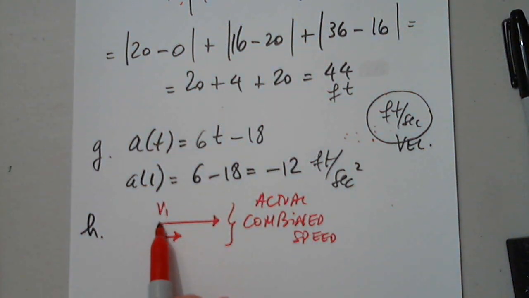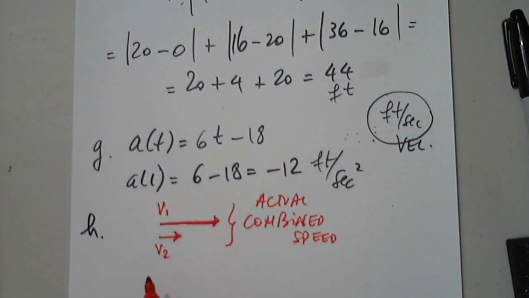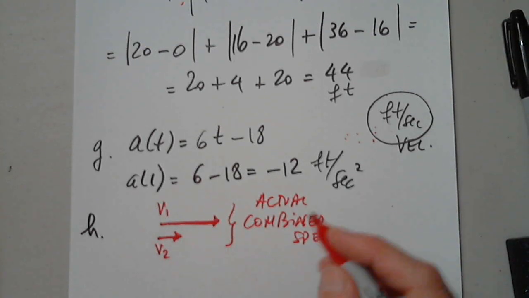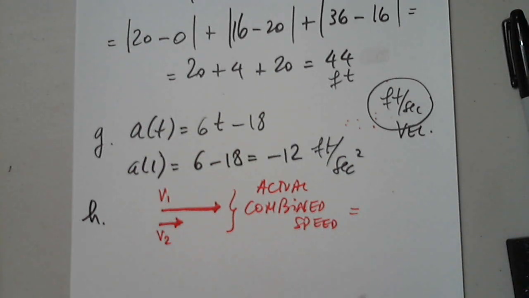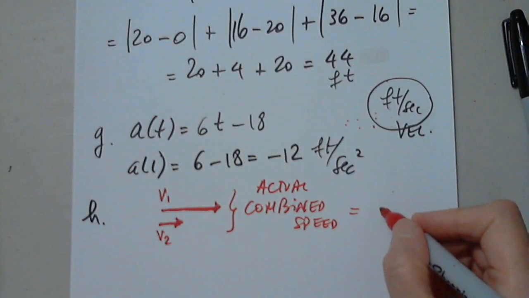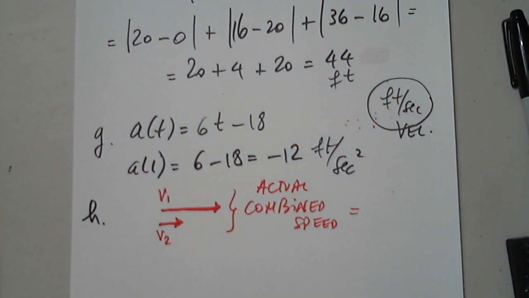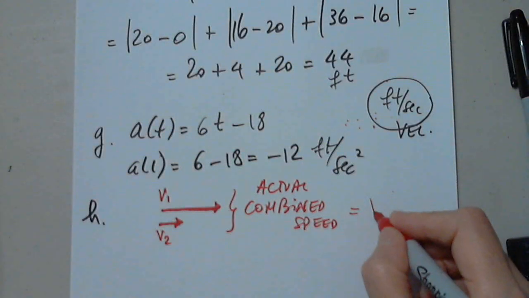Or you are going on a plane and there is a tailwind. What will be the combined speed, the actual speed of the plane? Anyone? It's going to be the addition of both?